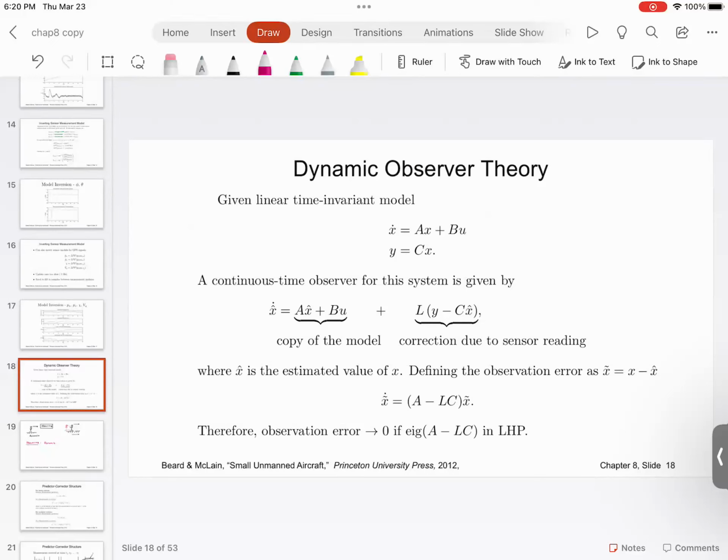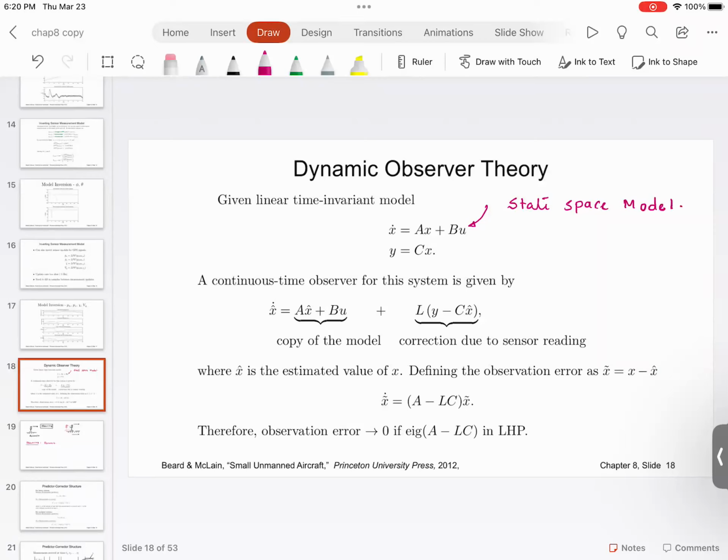So everyone understands that what I have here is the state space model. So what do I mean by state space?